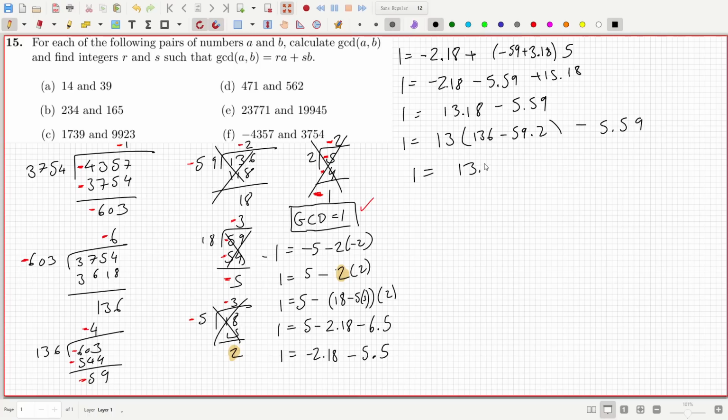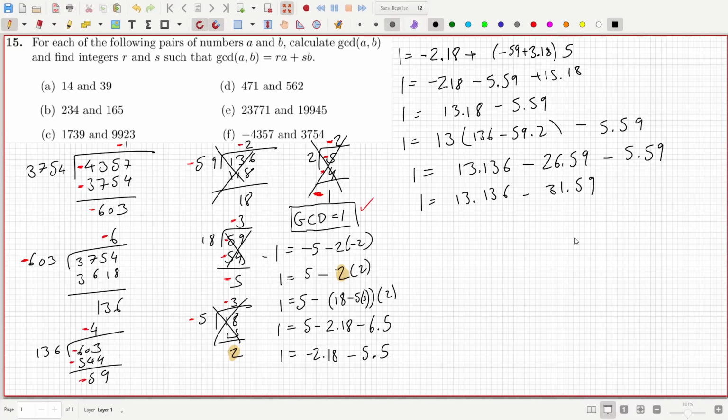So 13 times 136 minus 59, so I'm grouping together now. So that's minus 26 times 59 minus 5 times 59. This 1 equals 13 times 136 minus, what's that, 31 times 59.